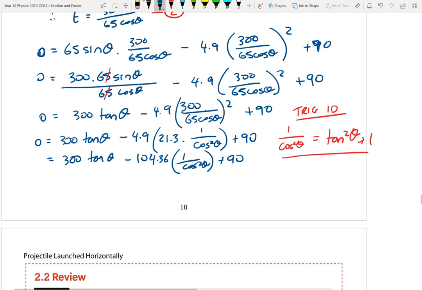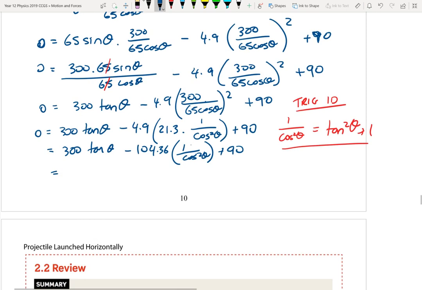All right. So now, what would we have? That's tan squared theta plus 1. Hang on, wait, where's the plus 1? So we've got to add a plus 1. So we get 0 equals 104.36 tan squared theta plus 1, plus 300 tan theta, plus 90.